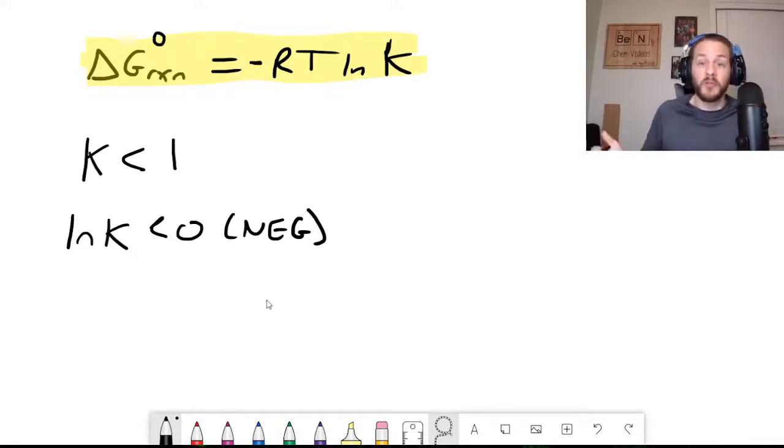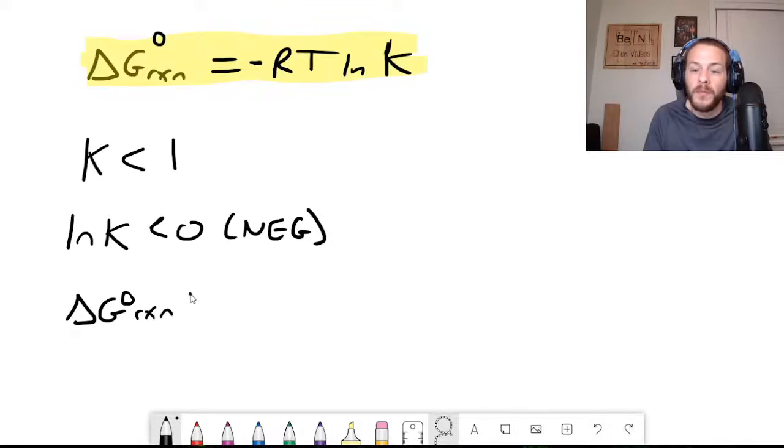And I would encourage you to try it, right? Go into your calculator and just take the natural logarithm of like 0.3 or something like that. It's going to be a negative number, I promise you. And so since the natural logarithm of K ends up being a negative value, when you apply it to this entire term over here, this minus RT ln K, then the delta G value becomes positive.